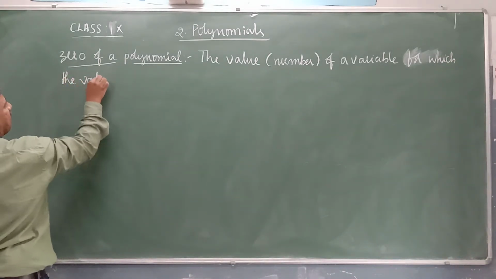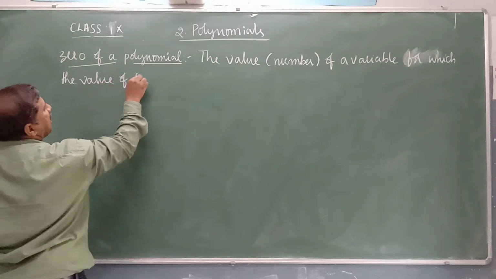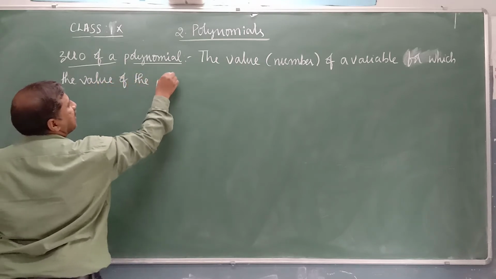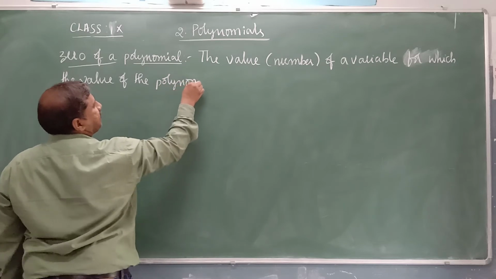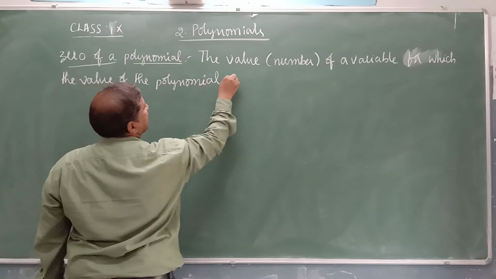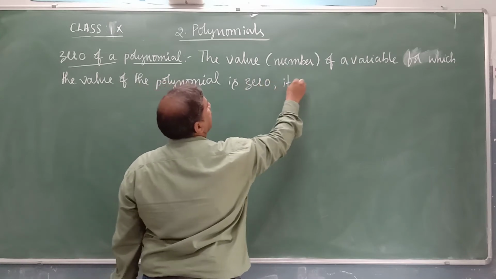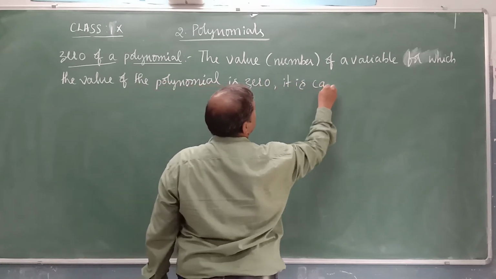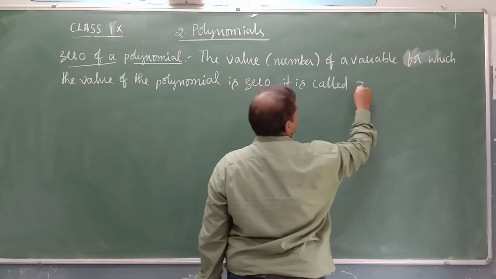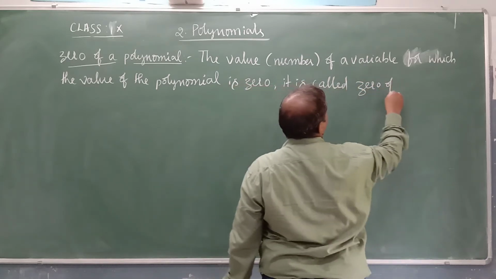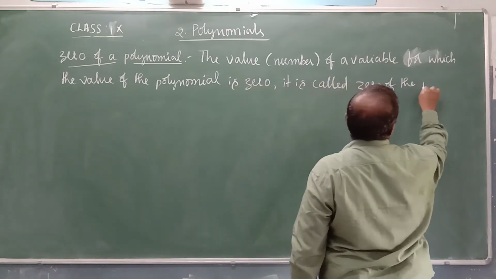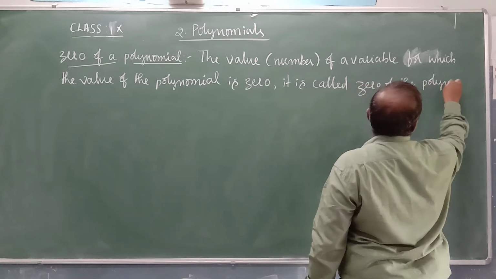That number is called the zero of the polynomial.